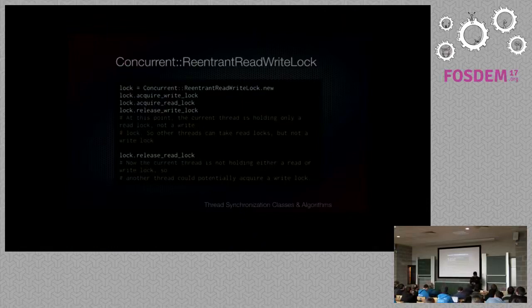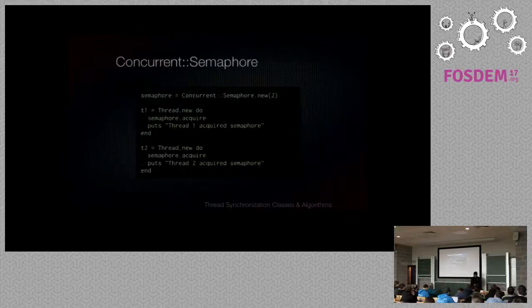While the write lock is taken, no read locks can be obtained either. Hence the write lock can also be called an exclusive lock. If another thread has taken a read lock, any thread which wants a write lock will block until all the readers release their locks. So we saw reentrant read write lock.